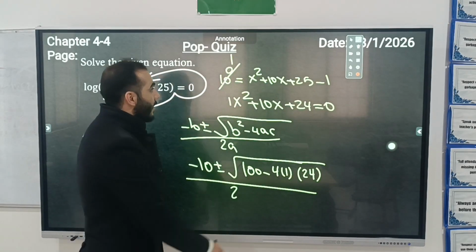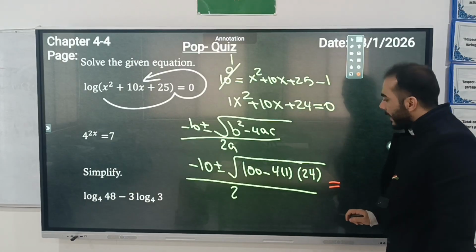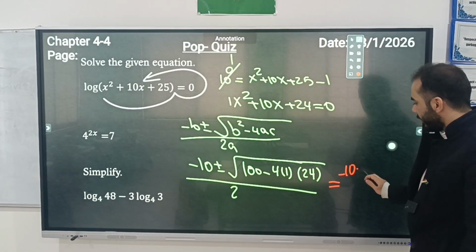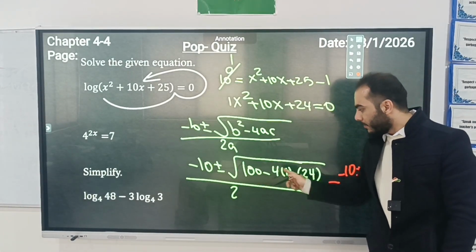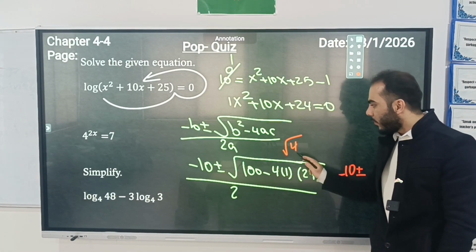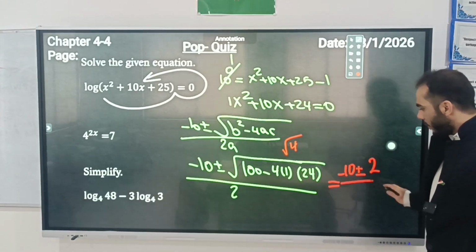So right now, let me just change the color. We are going to have -10 plus minus the square root of 100 minus 96, since 4 times 24 is 96. That is the square root of 4, which is 2. So it's equal to 2 over 2.